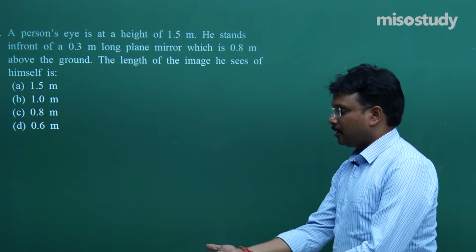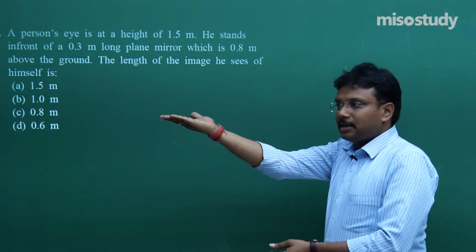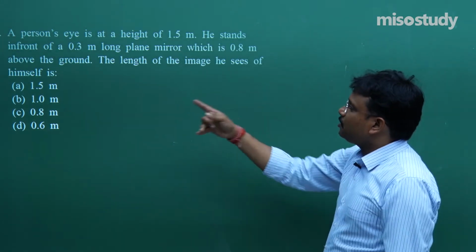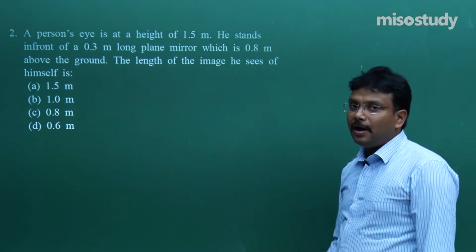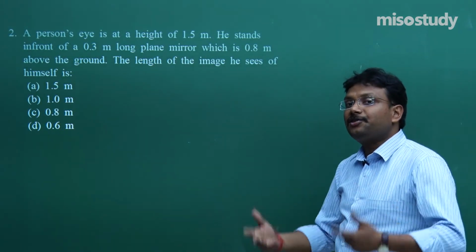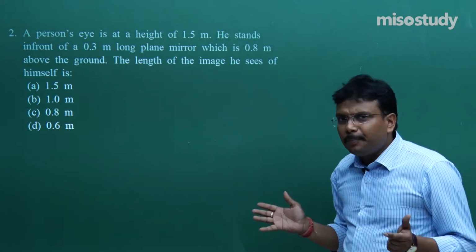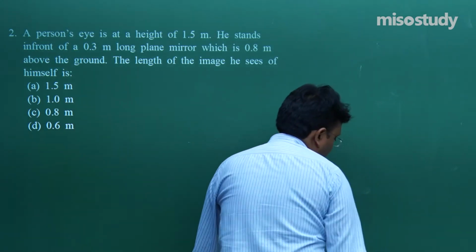The plane mirror is not exactly on the ground, but some extent above the ground. The length of the image he sees of himself. The height of the person is 1.5, so how much is the length of his own image he will find? The question is simple. Let us try to find the solution of this problem.